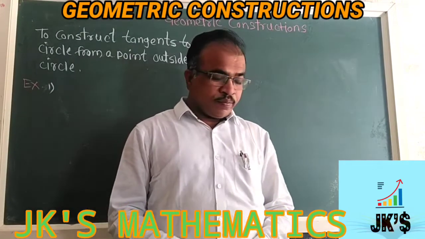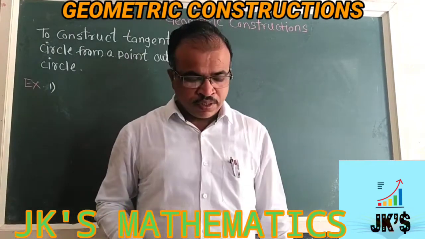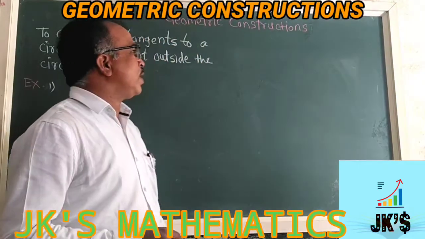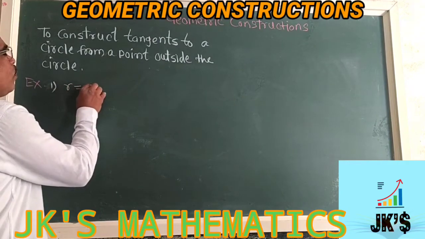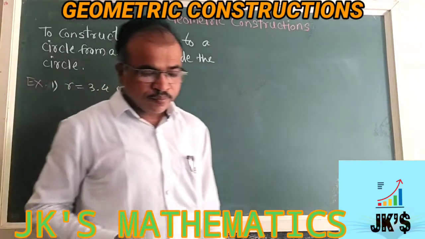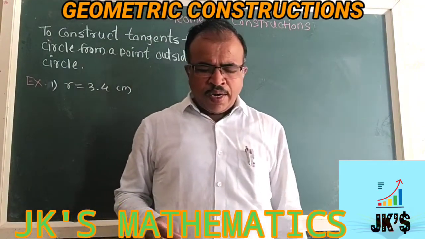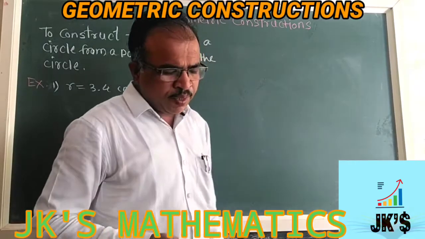Listen to the example. Draw a circle with center P and radius 3.4 centimeter. Radius of the circle is 3.4 centimeter, and take a point Q at a distance 5.5 centimeter.